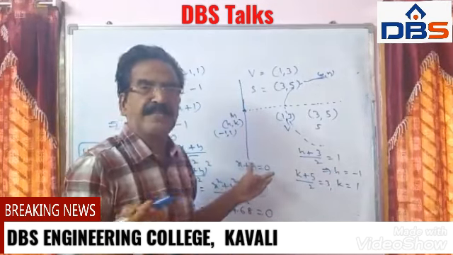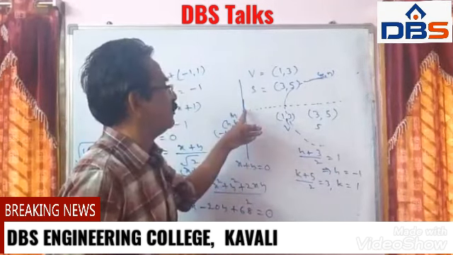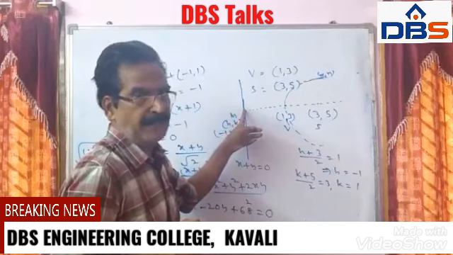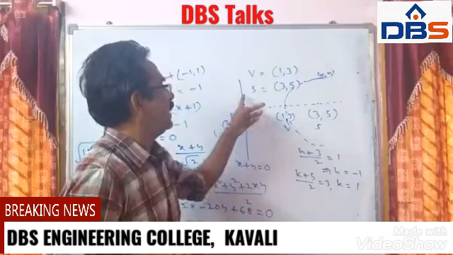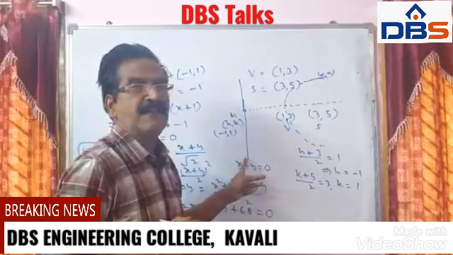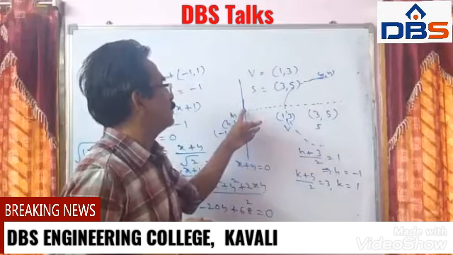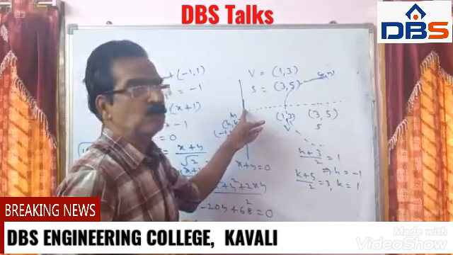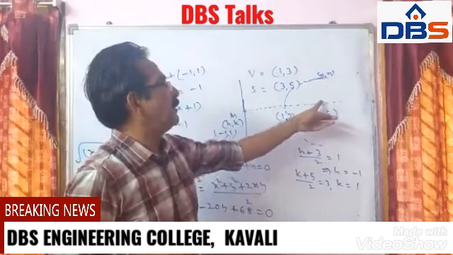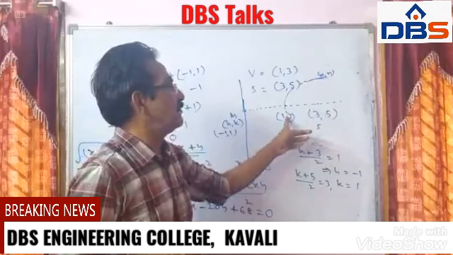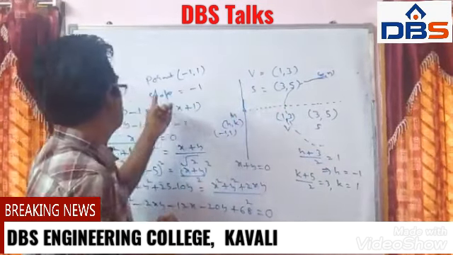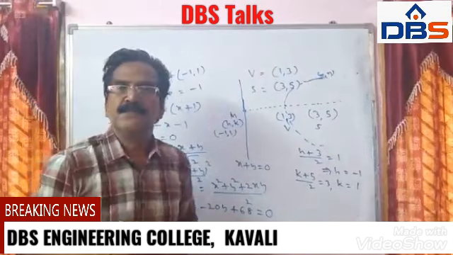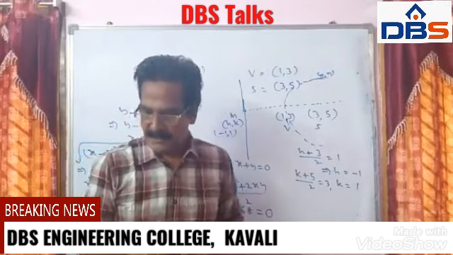Finding the equation of the directrix is a simple thing, because you know the point, you can find this point, and you can find the equation of the line passing through this point and whose slope is perpendicular to the axis. The slope of the axis is 1, so the slope of the directrix is minus 1. So by doing this you can find the equation of the directrix. Okay, friends.